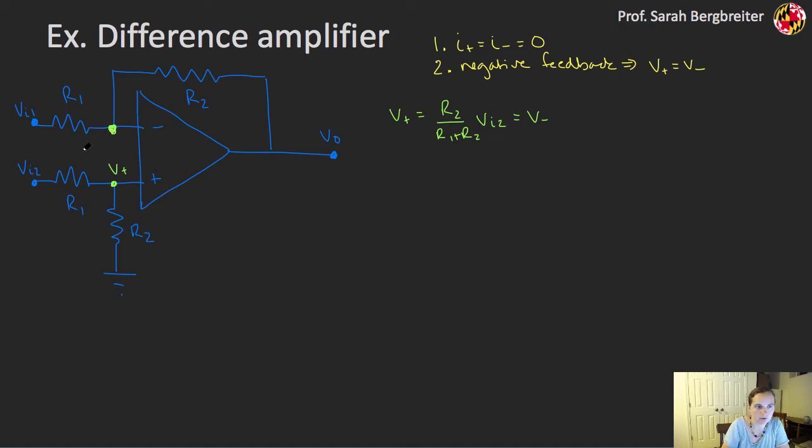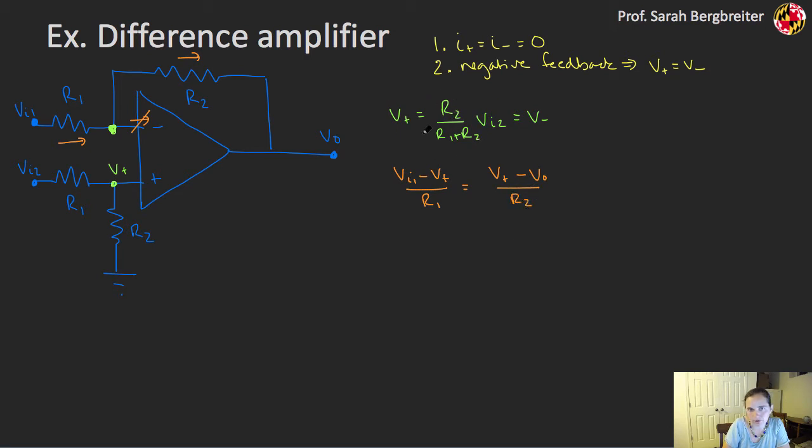And so once I know this voltage, I can do my KCL, where I know that these two currents are equal because I know that I don't have any current going into the op amp because of the infinite impedance. So I can write that as VI1 minus that voltage right here, so I'm going to call that V plus, divided by R1 is going to be equal to that same V plus minus V out over R2.